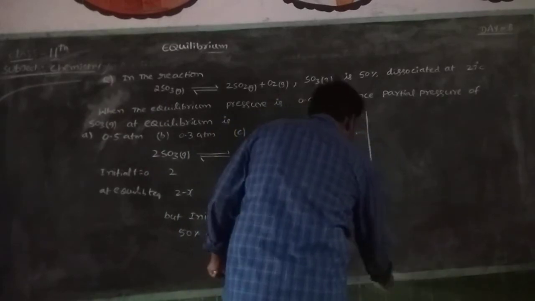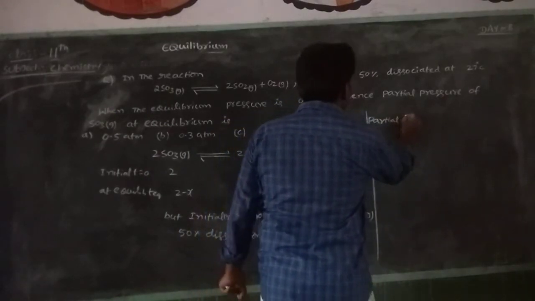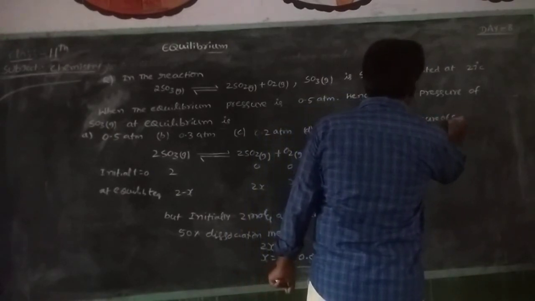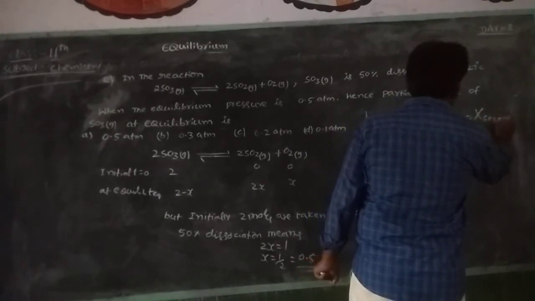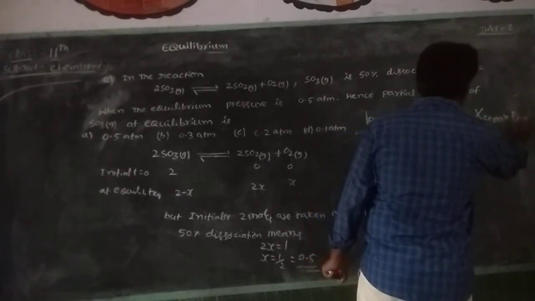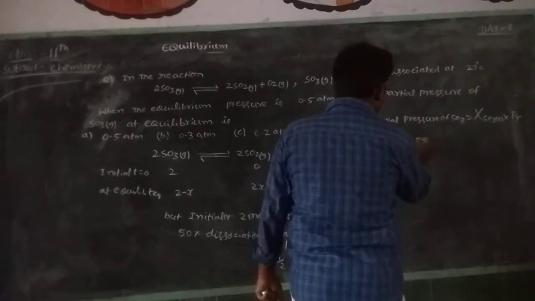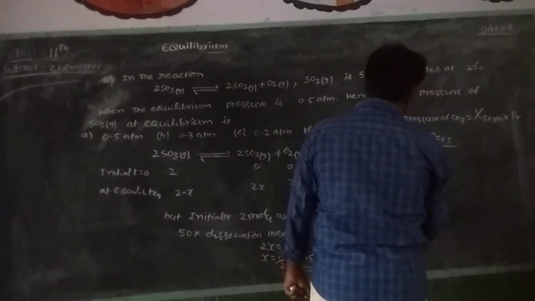Already you know that formula. Partial pressure is equal to mole fraction of SO3 into total pressure. Mole fraction of SO3 gas is equal to number of moles of SO3 by total number of moles.